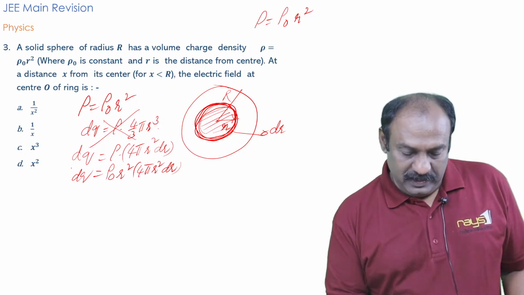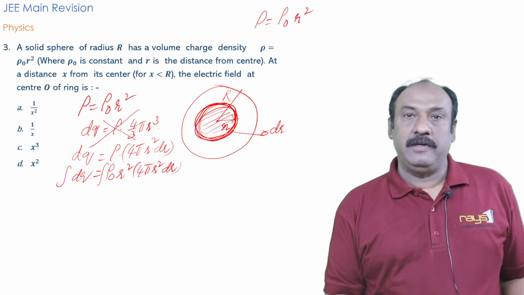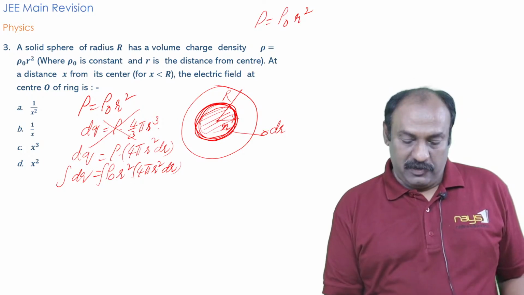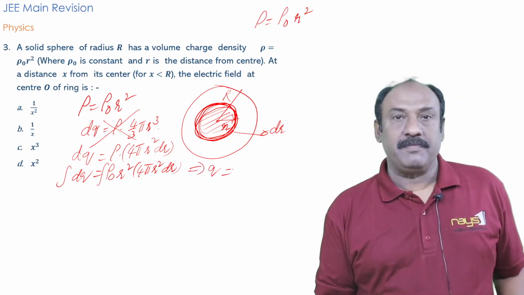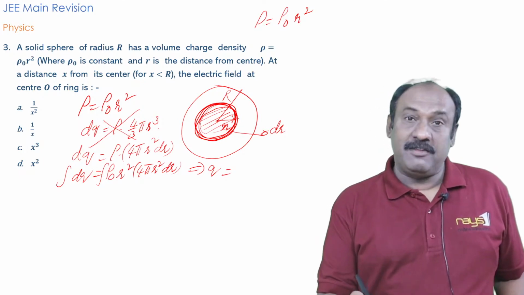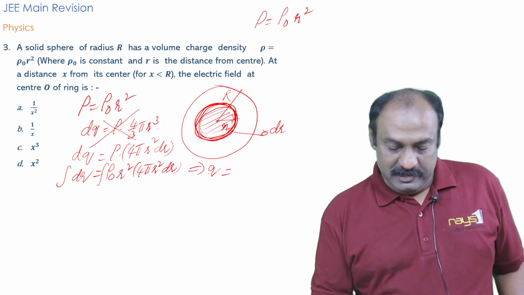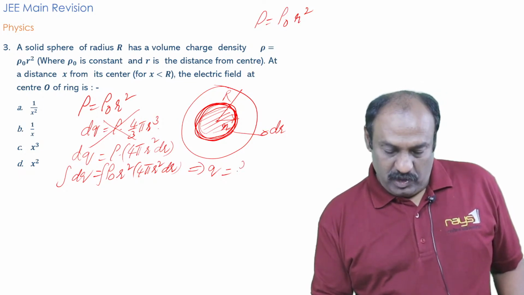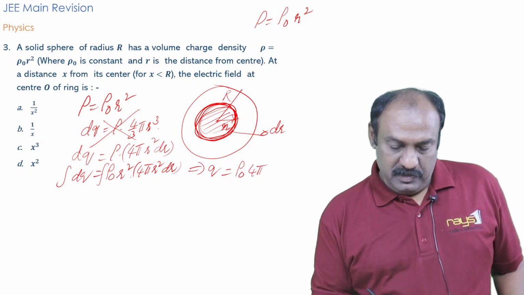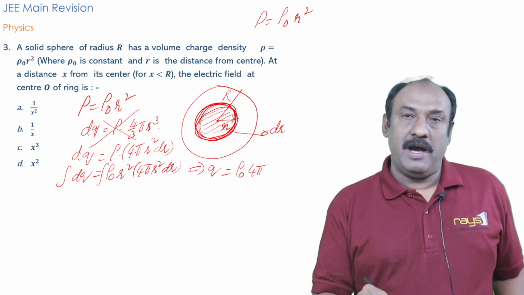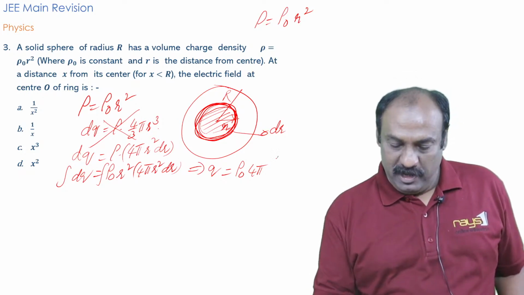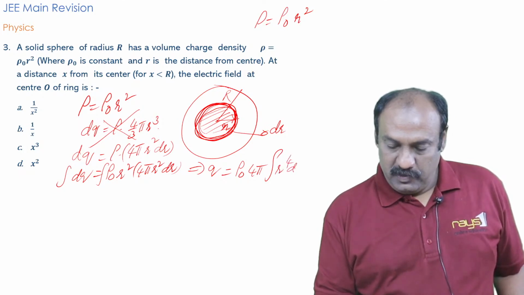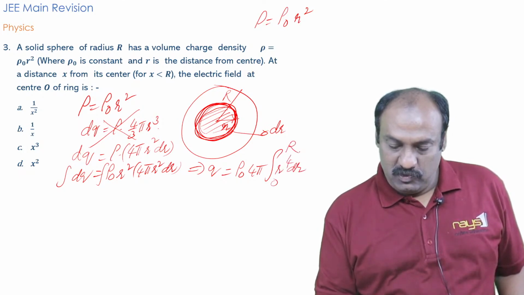So integral of dq equals integral of rho naught r square into 4 pi r square dr. So from this, charge inside of the solid sphere at a distance small r is q equal to rho naught into 4 pi into integral of r to the power 4 into dr within the limits 0 to r.